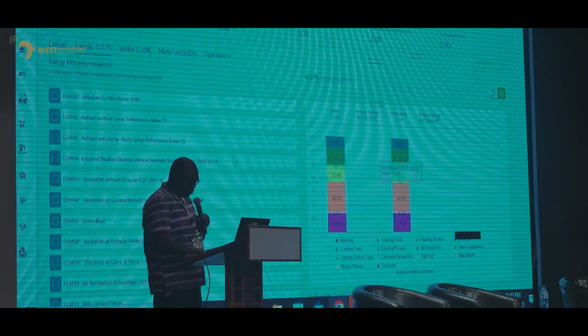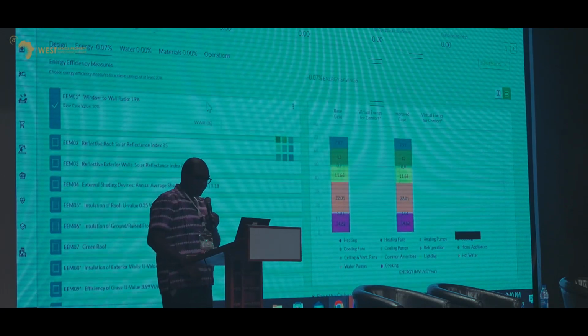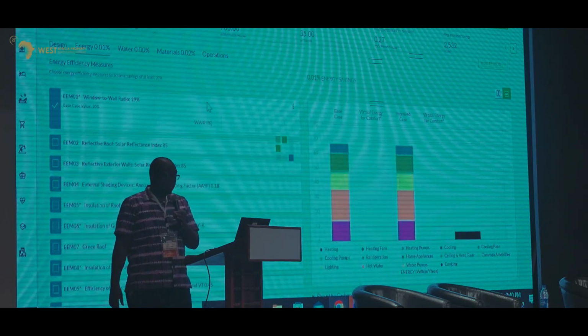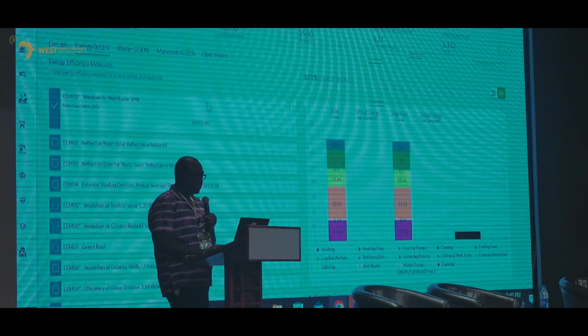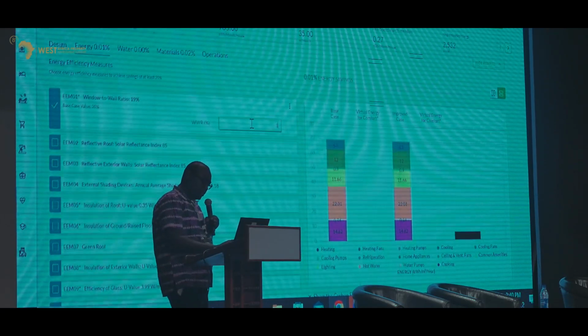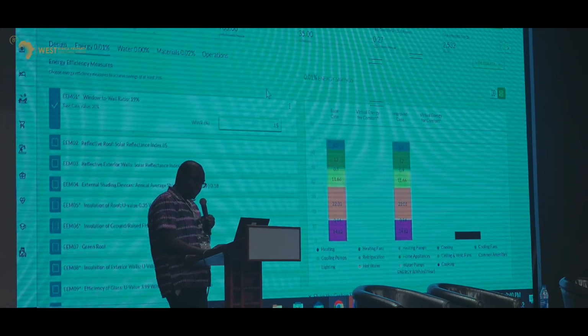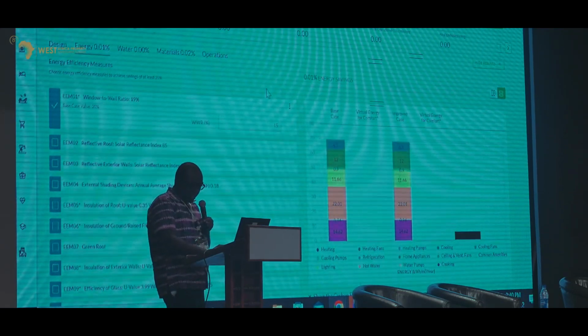So the first thing will be to have a window to wall ratio specified, which is basically below the base case. The base case here in Nigeria is around 20%. So having a lower window to wall ratio of 15% should be a good one to go.